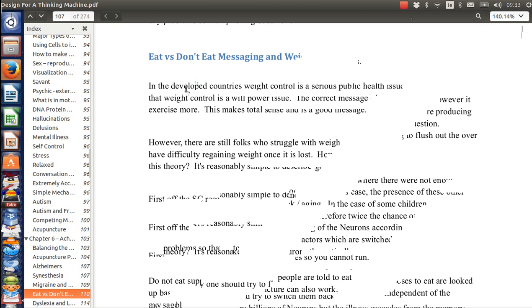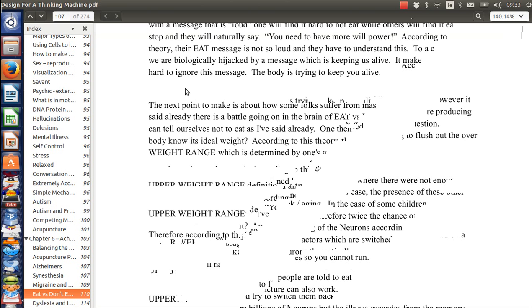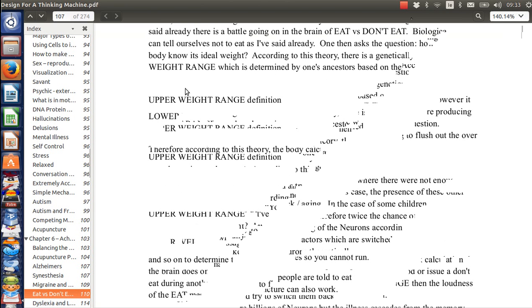So it's not that you can't lose weight, and it's not that you can't diet. It's more that one operates according to this theory within some kind of a weight range. And I'm not saying this is technically right. You may find research that disproves this, but if I'm applying a design pattern to an android, this is what I think would make sense. That the android has some upper and lower weight range, a bit like a person, and that the being monitors its own energy levels, whether it be through insulin or fat cells or whatever.